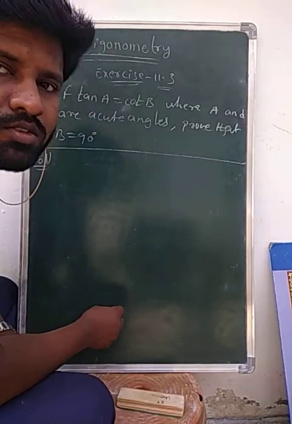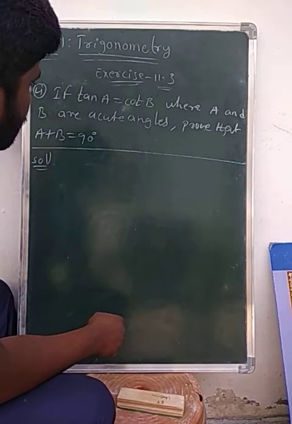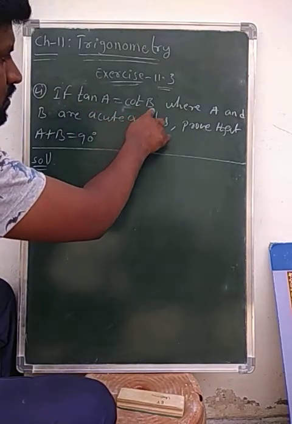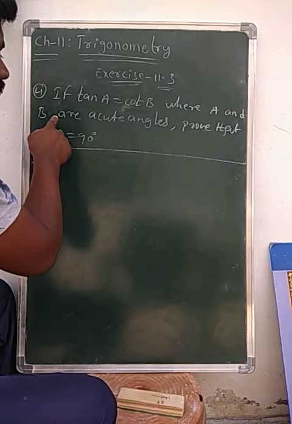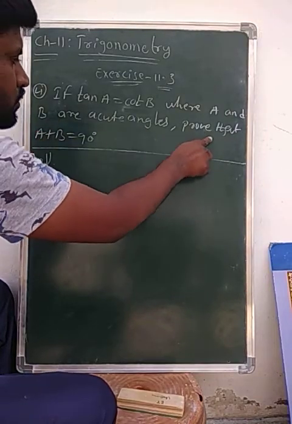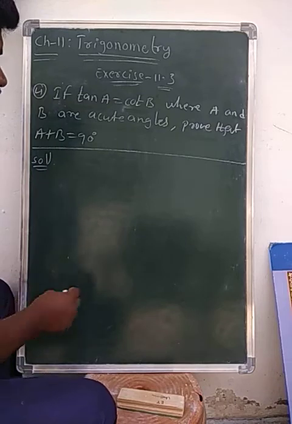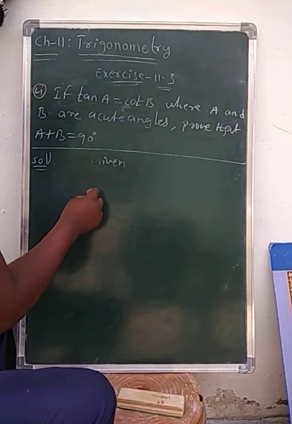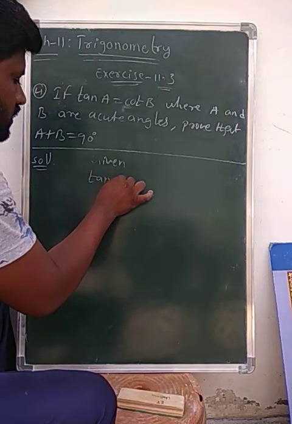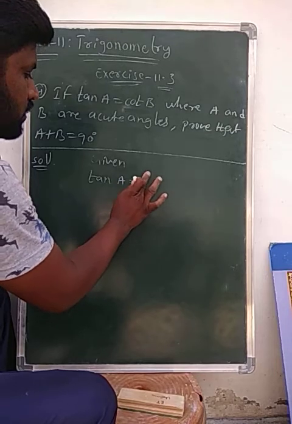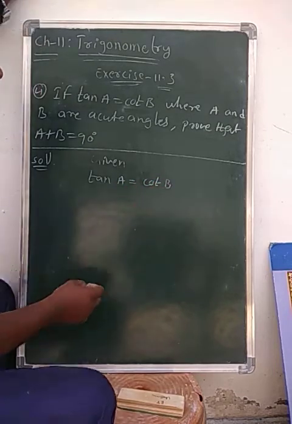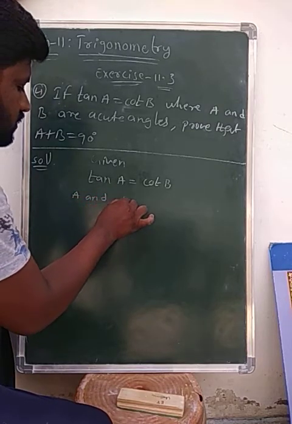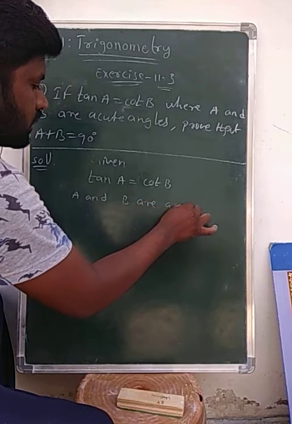Okay students, now see the next one, question number 4. The question is given: if tan A is equal to cot B, where A and B are acute angles, prove that A plus B is equal to 90 degrees. So the given data is tan A is equal to cot B, and A and B are acute angles.